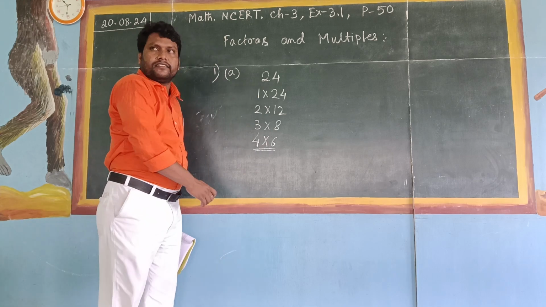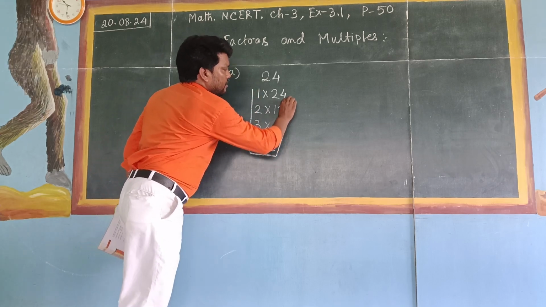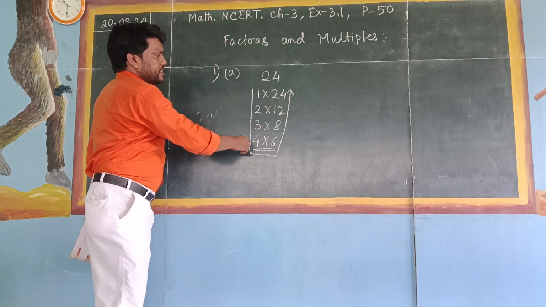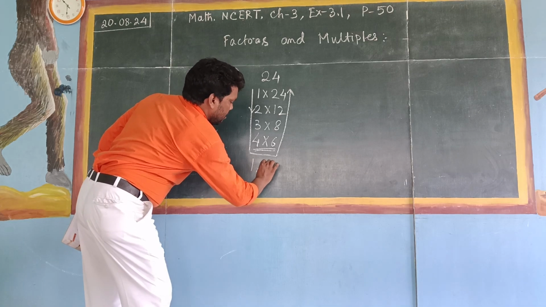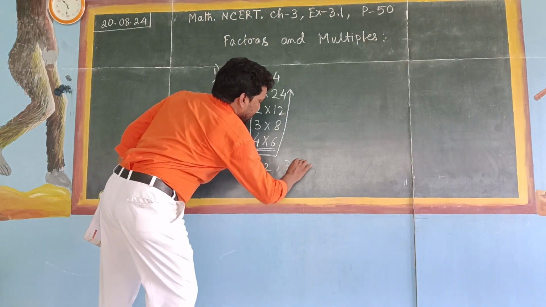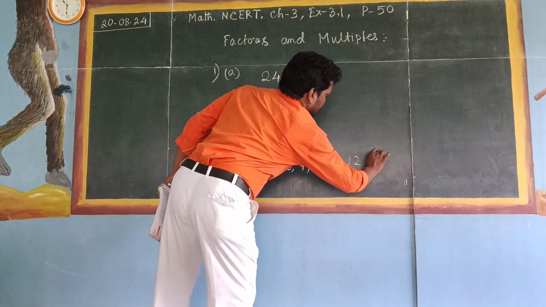So how will you write the factors? This is the U separate. What are the factors of 24? 1, 2, 3, 4, 6, 8, 12, 24.